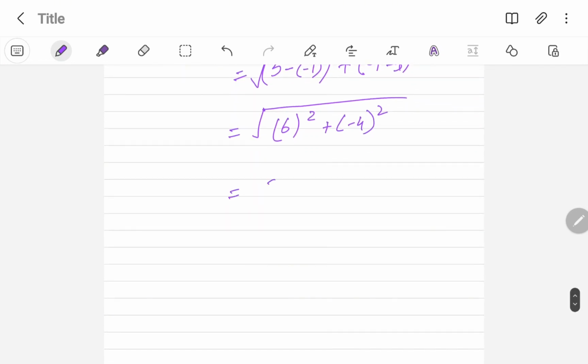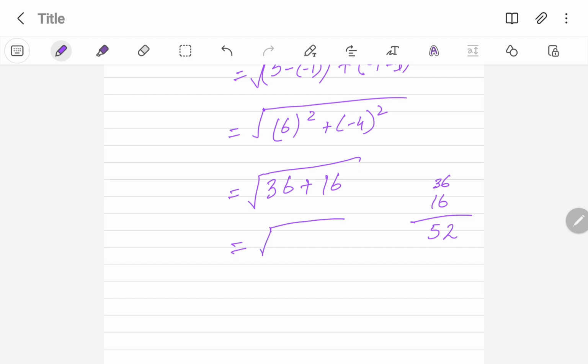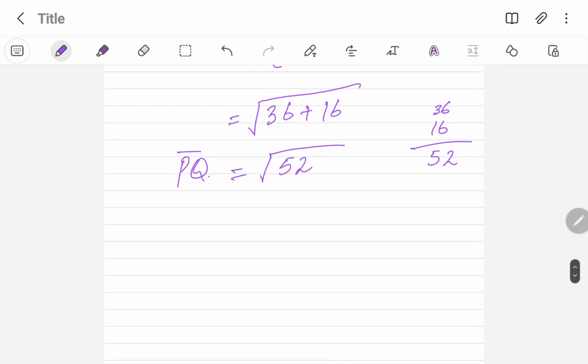It is 36 and 16 under root. After addition it will be 52 under root. Root 52 is the length of line PQ.